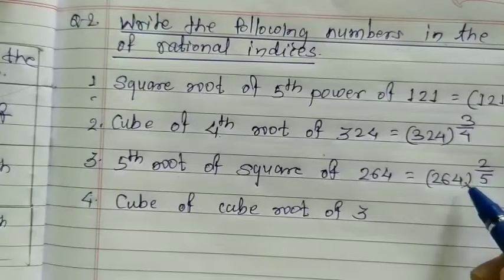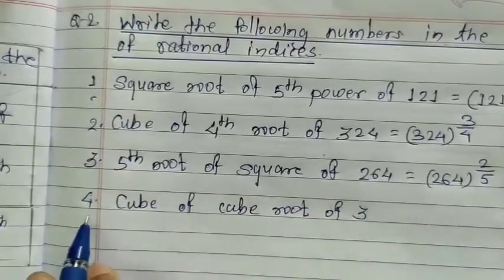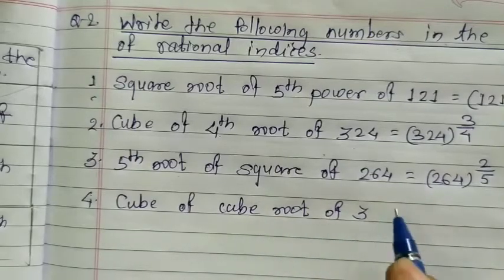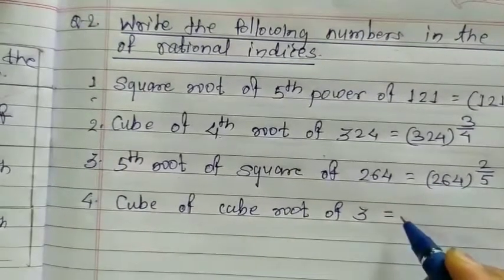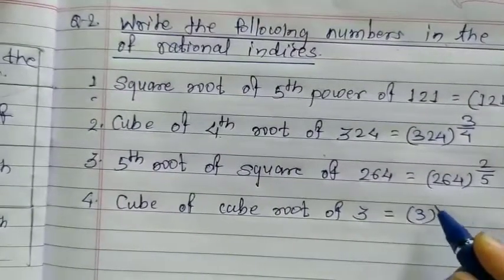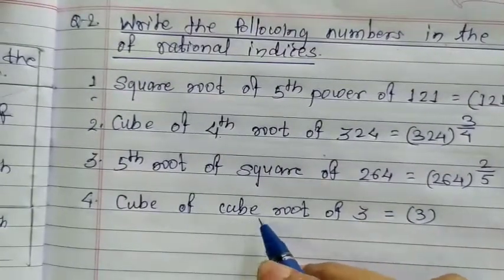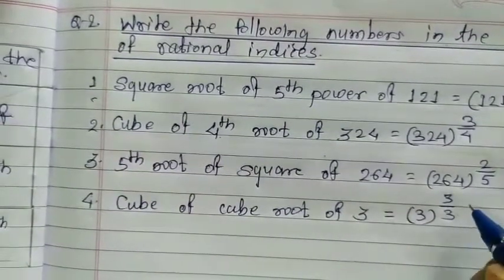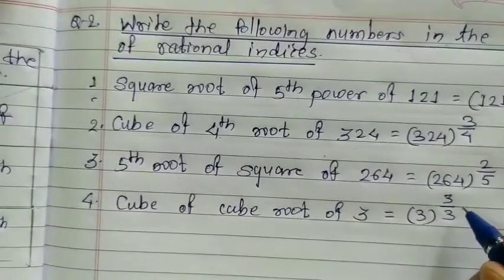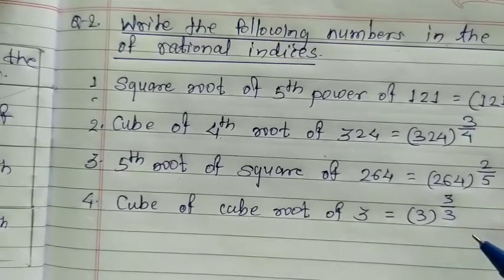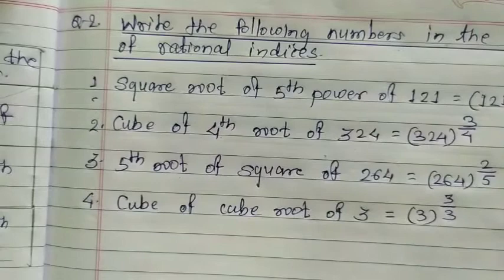Then example number 4: cube of cube root of 3. The number is 3, cube of cube root, hence 3 upon 3. So you complete practice set number 3.2.